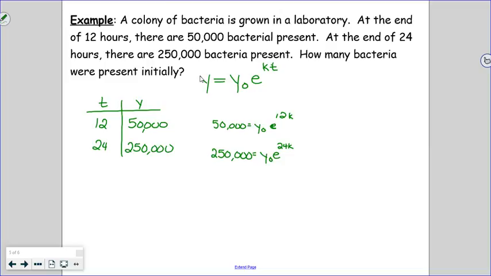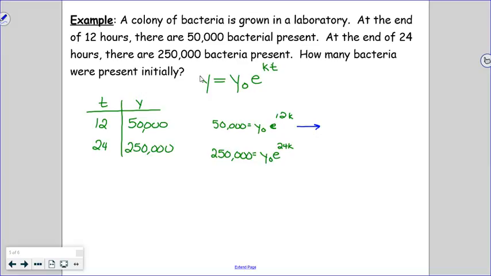We've got options of how to solve a system of equations. Elimination, which is not a good option, don't pick that. Graphing, also not a good option, don't pick that. I would pick our third option, which would be substitution. So for substitution, I need to solve one of these equations for one of my unknowns, right? So if we go do that, I could take this equation right here and solve for y sub 0.